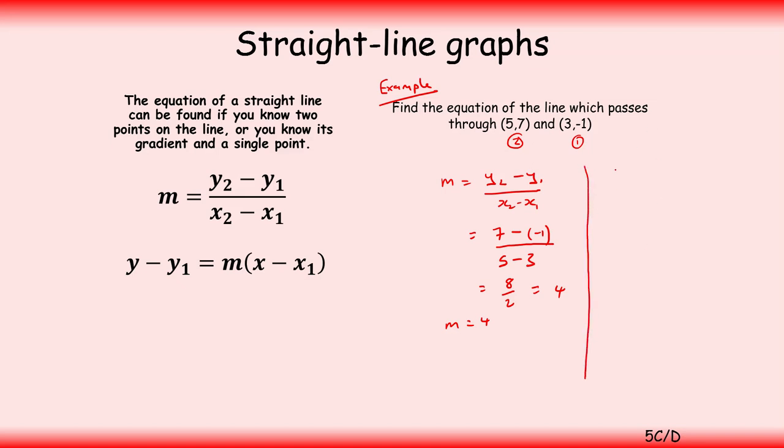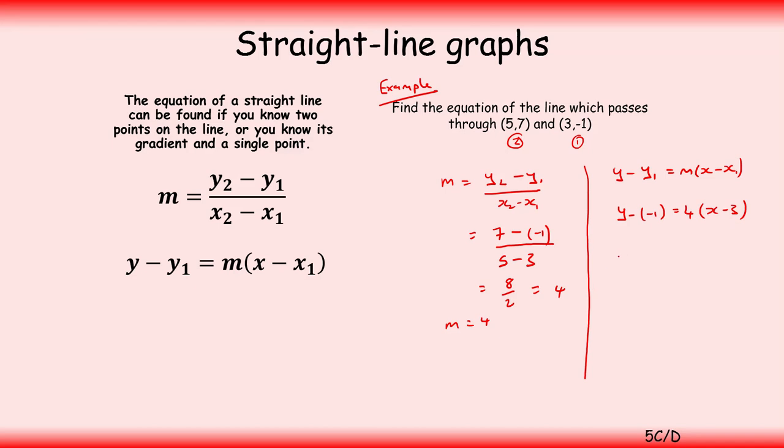So I know that my equation is given by y minus y1 equals m times x minus x1. Now it doesn't matter which coordinates I use. Either one will generate the same equation of a straight line because both points lie on the straight line. So if we use (3, 1), say, you get y minus 1 is equal to the gradient of 4 times x minus 3.